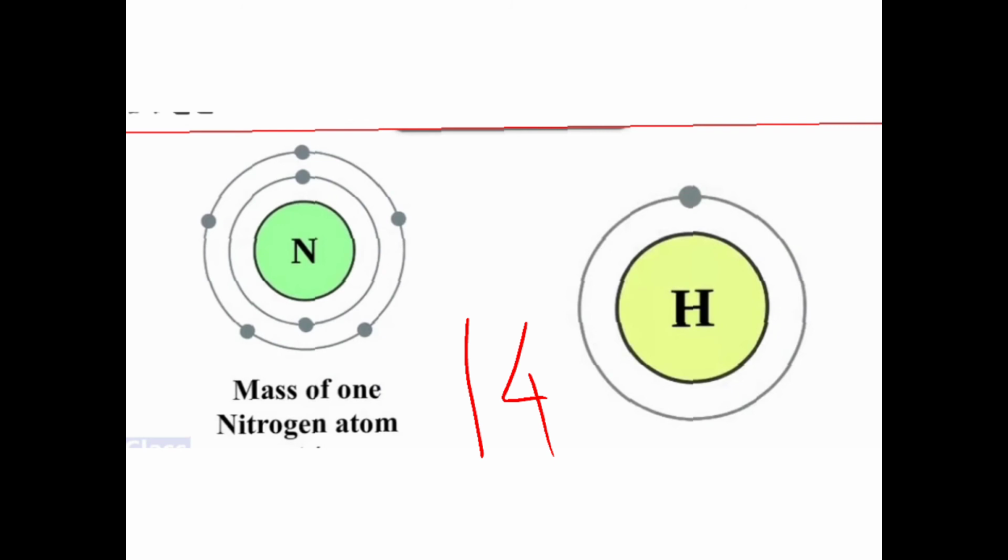Therefore, the relative mass of the nitrogen atom is 14. When we are taking hydrogen as 1, then we can say of nitrogen it is 14 and of carbon it is 12.